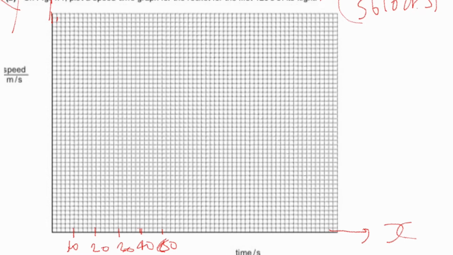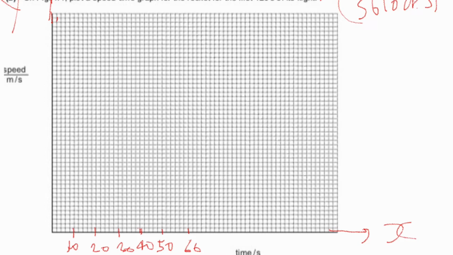Then 1, 2, 3, 4, 5. Then 60. This is looking like 6, so I will rub this and rewrite it again. So 50, I will write this as 50 clearly.